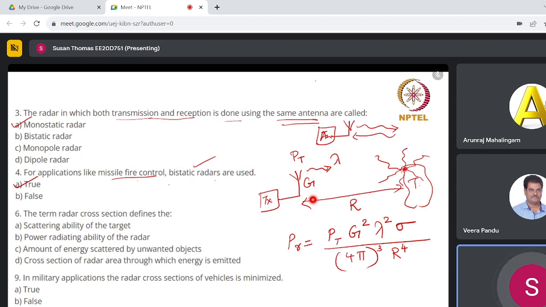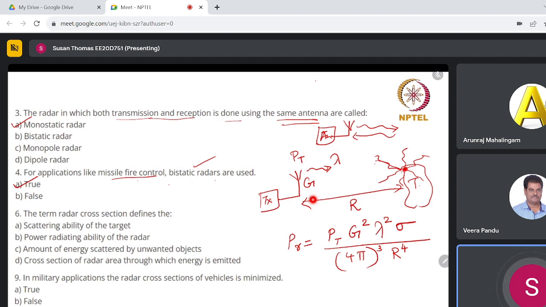So what is radar cross section? It is a property of the target. It is the ratio of scattered power in a given direction to the power incident on it. Some power is incident on the target, and some power is scattered back.